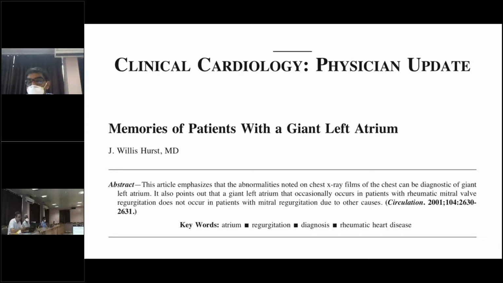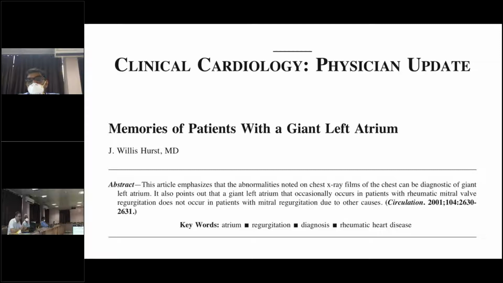The other theory, which we have just discussed, is involvement of the atrium by the disease process itself. Once it starts enlarging, it follows Laplace's law, which says tension is directly proportional to the pressure and the radius of the sphere, here the left atrium, and inversely proportional to the thickness of the atrial wall.